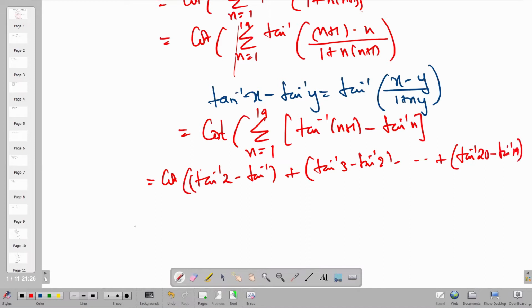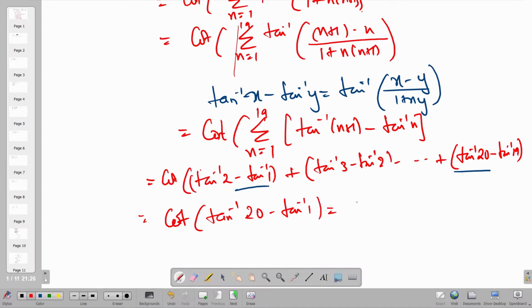So all the terms get cancelled out with each other, and we are left with only the last term, that is tan inverse of 20, and the first term, that is tan inverse of 1. So what we get here is cot of tan inverse of 20 minus tan inverse of 1.